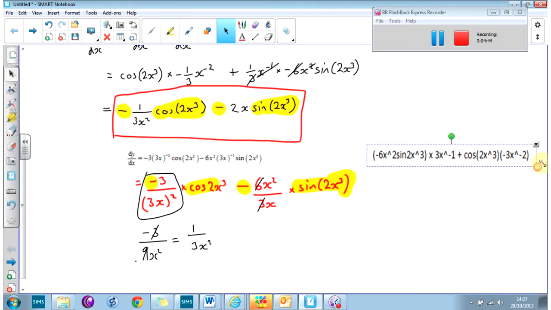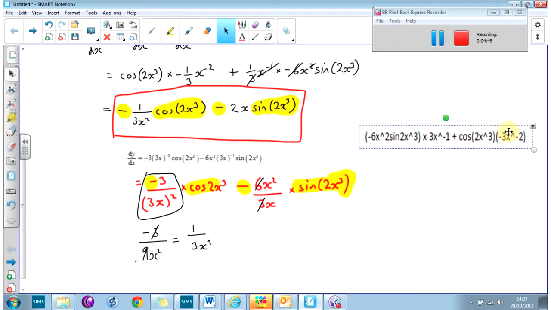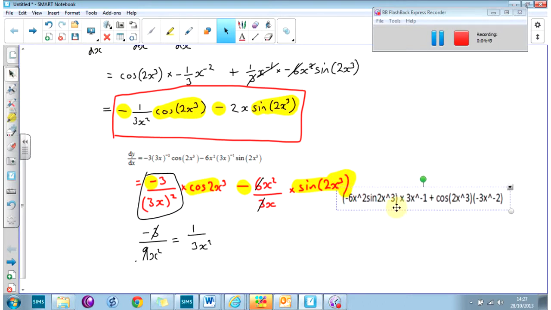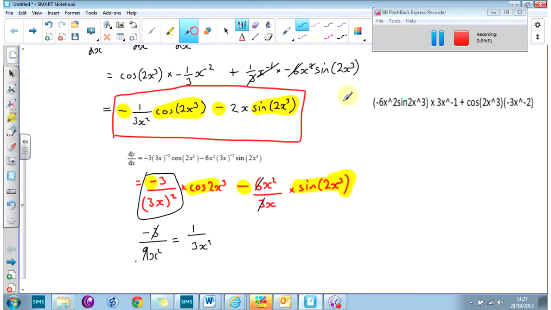Now, what about Anna's solution? So this is what Anna emailed me. I'm going to try and match that up now. Okay, so we've got here, if I'm correct, a minus 6x squared sine of 2x to the power 3 times... now this is ambiguous, this is what she's written here, but that really should be in brackets, because otherwise the 3 will not be on the bottom of a fraction.